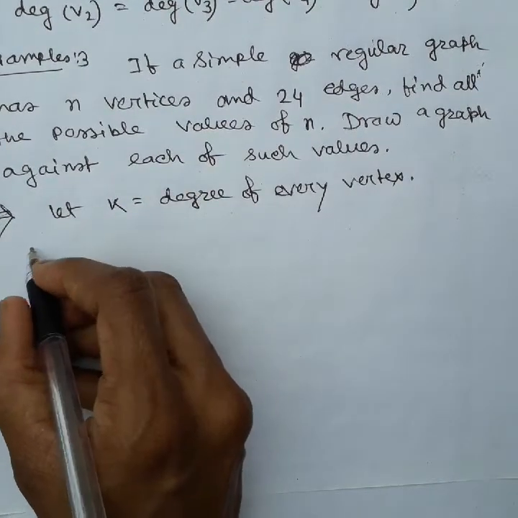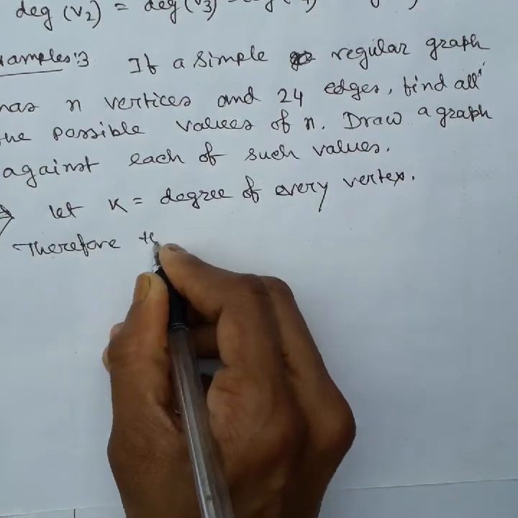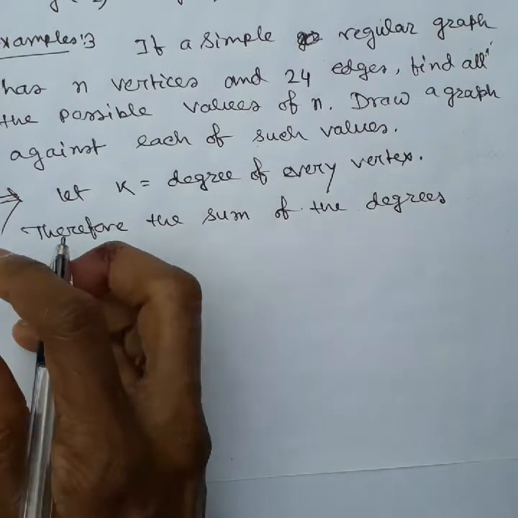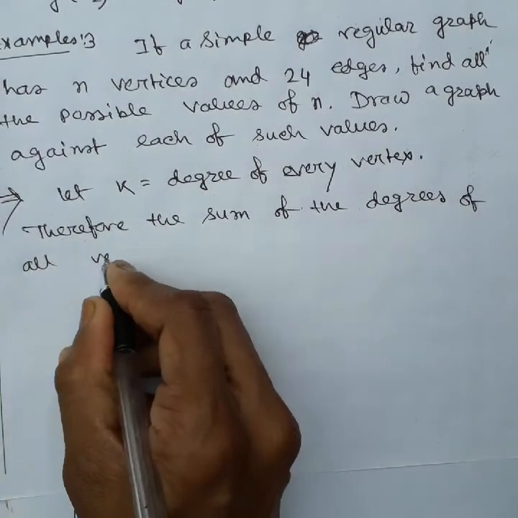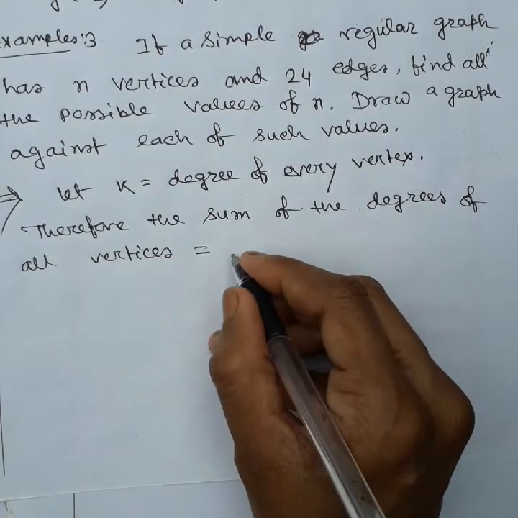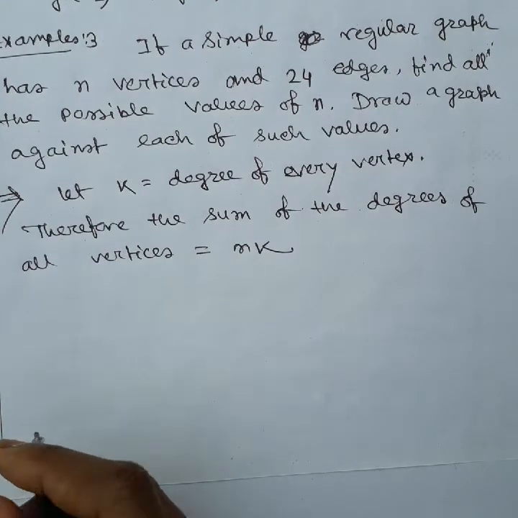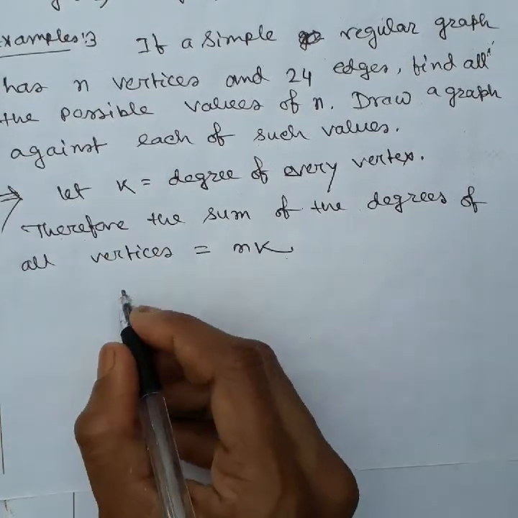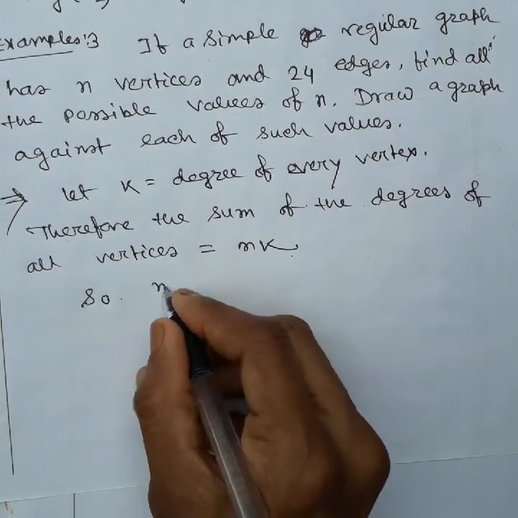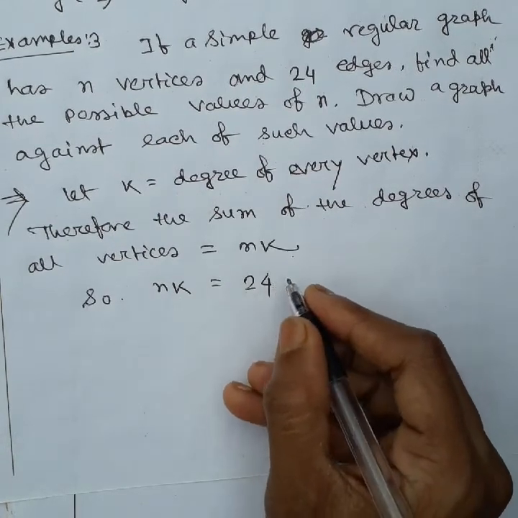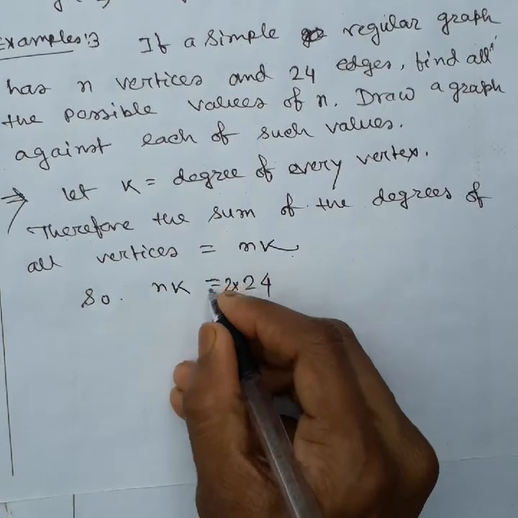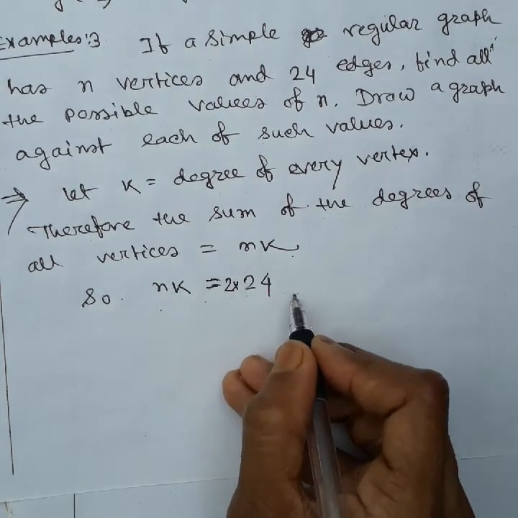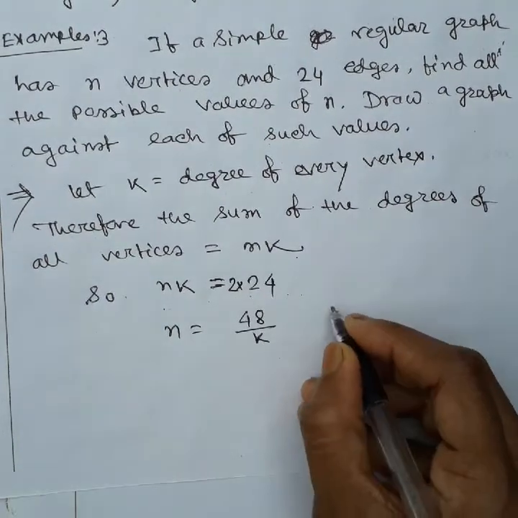Therefore, the sum of the degrees of all vertices is equal to n into k, as the number of vertices is n and the degree of each vertex is k. As we know that the sum of the degrees is equal to 2 into the number of edges, n into k is equal to 2 into 24. That means n is equal to 48 by k.